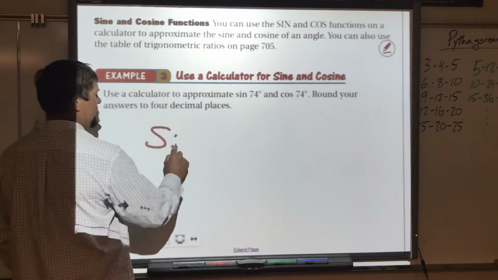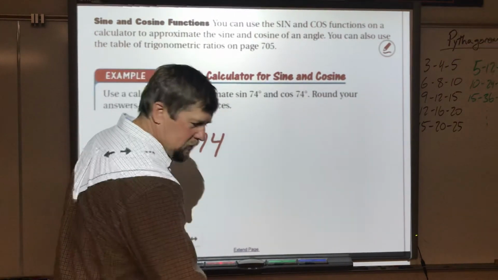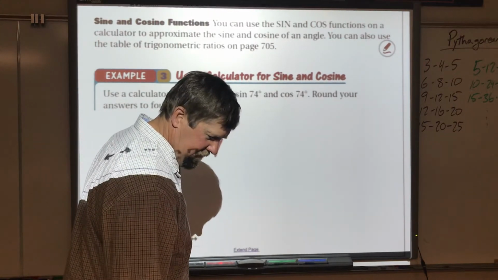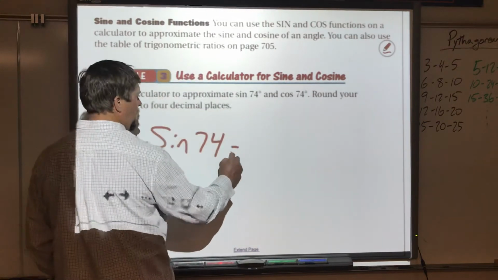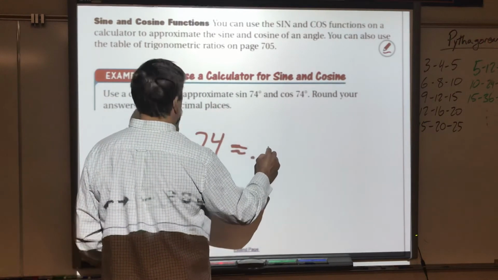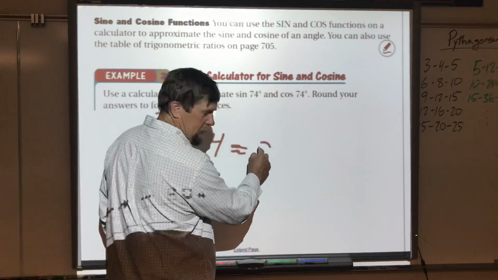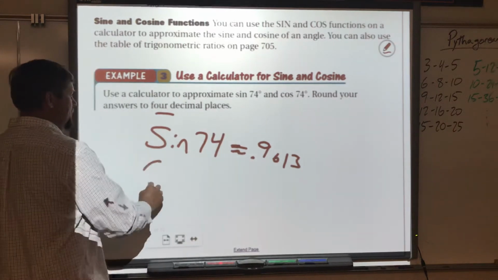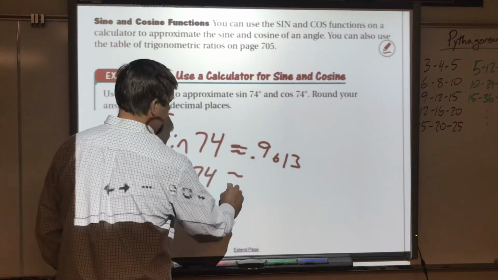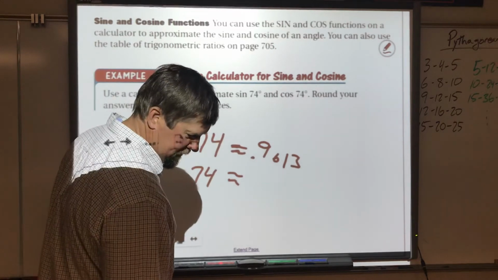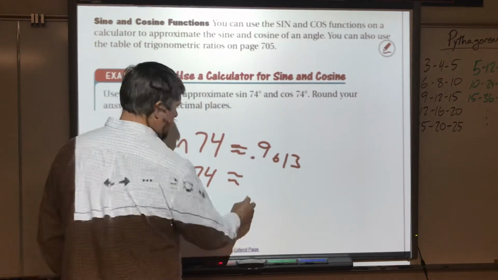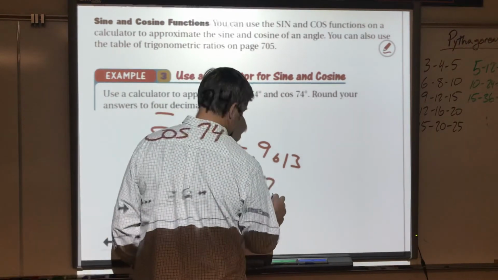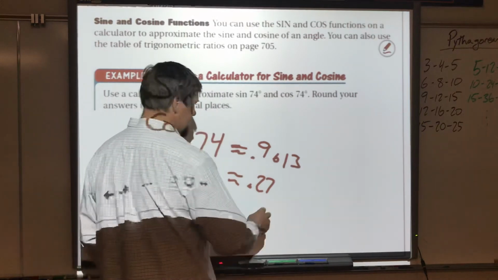So when you plug in the sine of 74, you can plug it in as sine, S-I-N, of 74 is approximately, 4 decimal places, so 0.9613. Cosine of 74, is 0.2756.